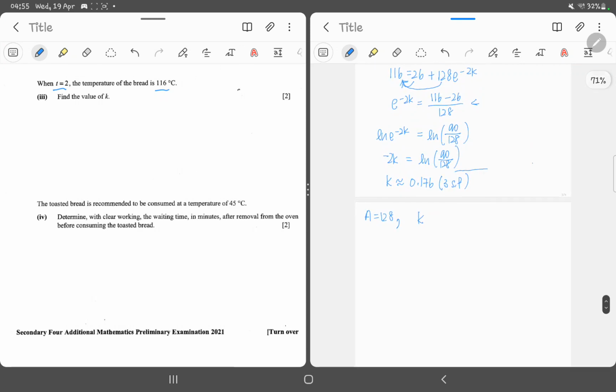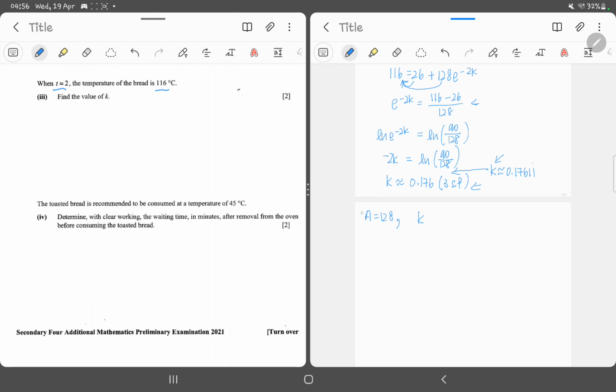So here, in between this step, you should write the value of K, which is approximately equal to 0.17611. Usually for intermediate workings, you write it to 5 significant figures, and at times when you are required to solve another part of the question that requires the values of these constants that you have found, you should use the 5 SF values instead of the 3 SF values.